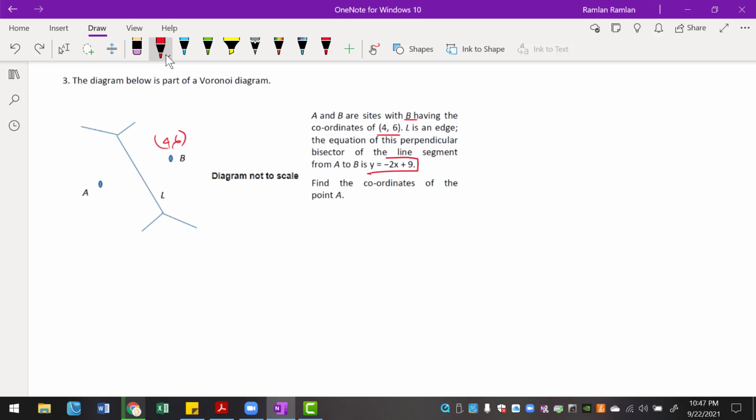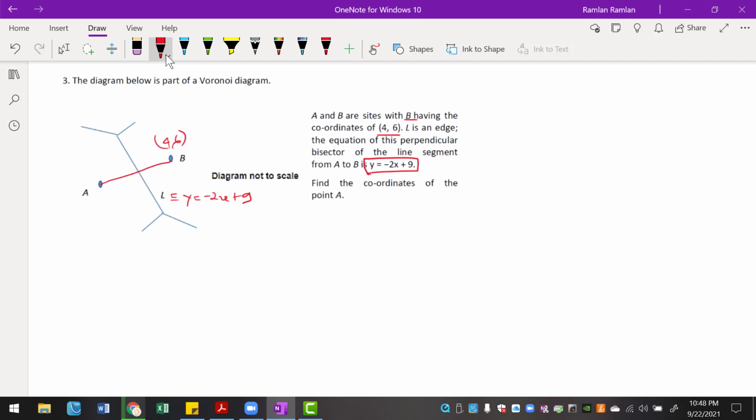So this equation belongs to L. L is this one here, the perpendicular bisector, so L is y equals minus 2x plus 9. The question is to find the coordinates of point A. So how can we do that? Well, guys, we know the connection between point A and B is that if we draw a line like this, right?